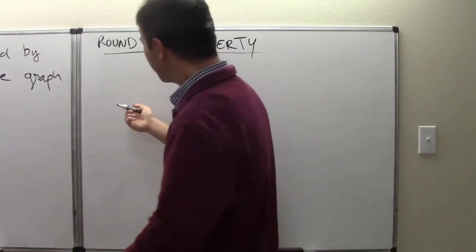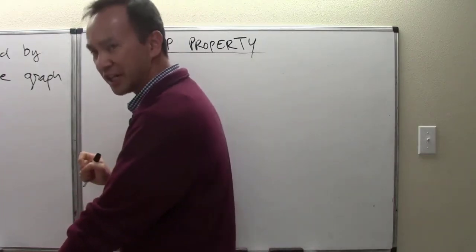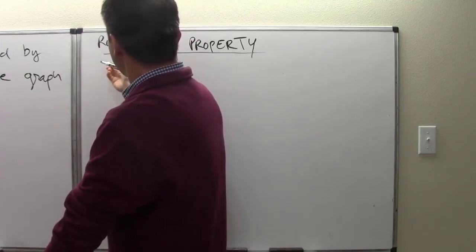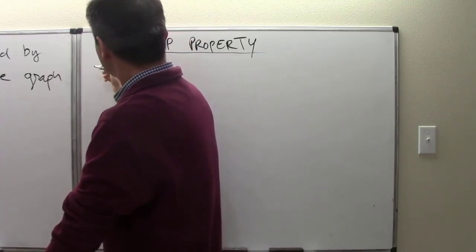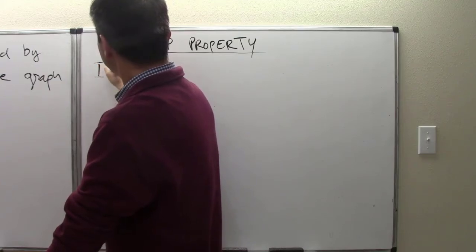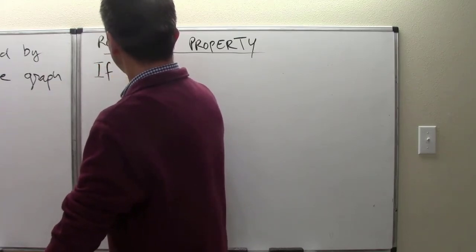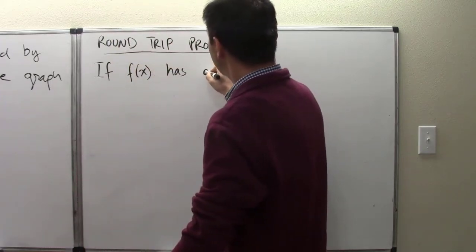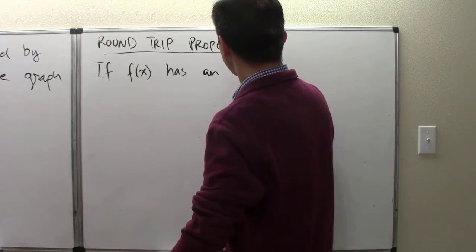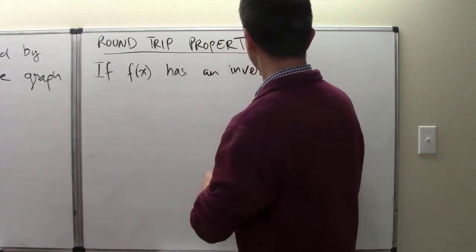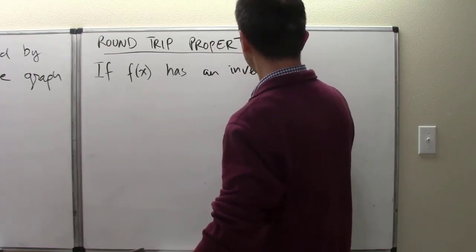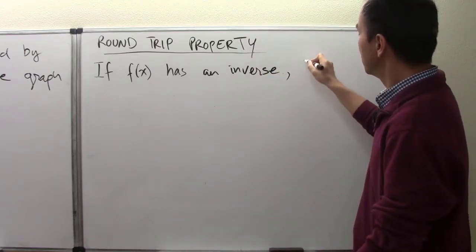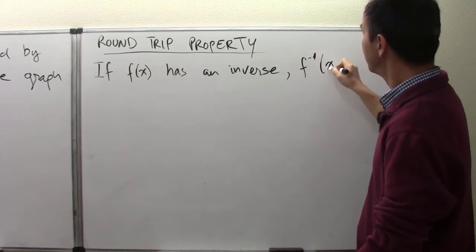So here's how the property is stated in words. Allow me to write the worded statement first. If f of x has an inverse, and yes, in our notation here, the inverse function of f is now that symbol.